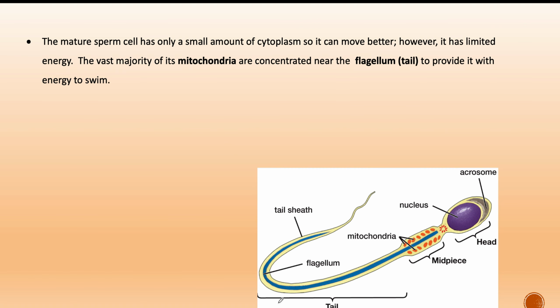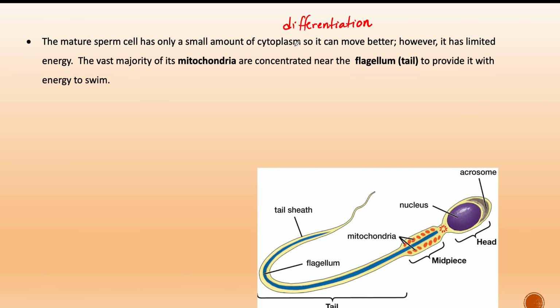Let's have a quick look at the structure of the sperm itself. It says the mature sperm cell only has a small amount of cytoplasm so that it can move better. So that's that highly differentiated state. Because of that high level of differentiation, reducing the cytoplasm actually means reducing the organelles as well.